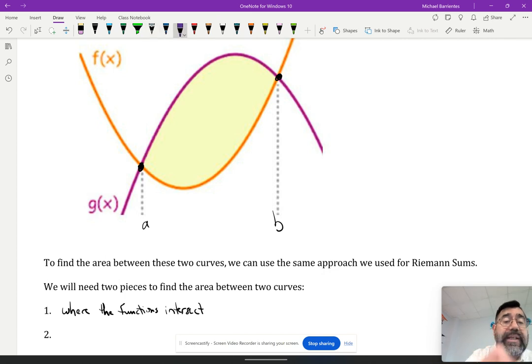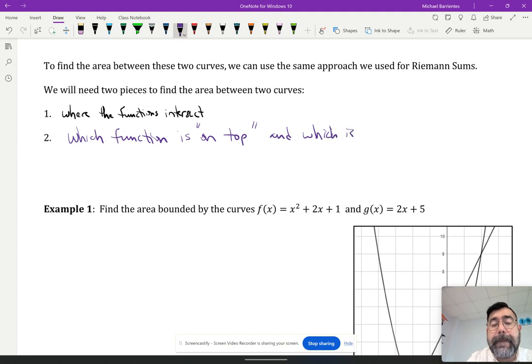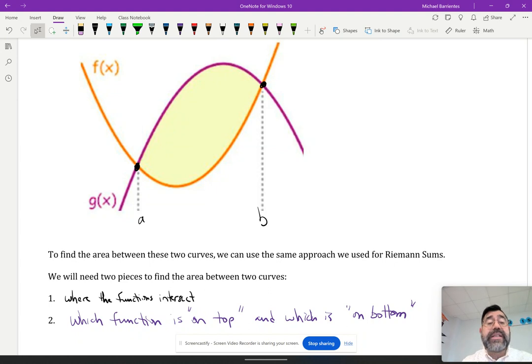And the second thing we need is to know which function is on top, in quotation marks, and which is on bottom. Another way to say that is I need to know which function has the higher value, because we're going to need to establish the upper bound function and the lower bound function to determine the height of my rectangle.